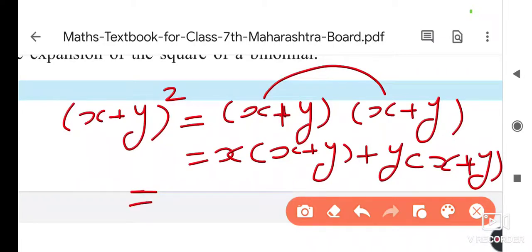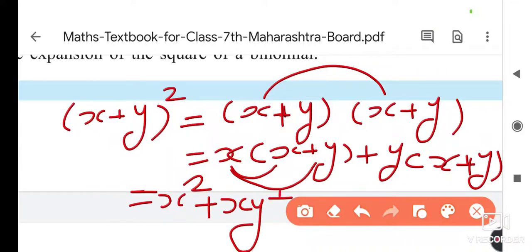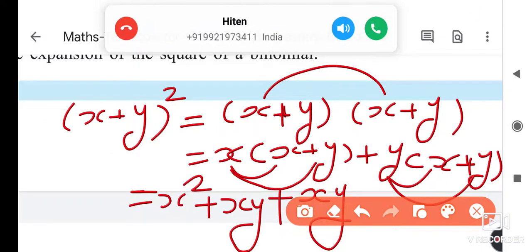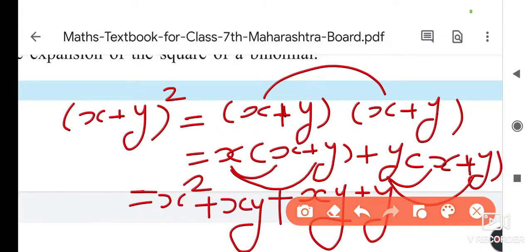So here x into x is equal to x square, x into y is equal to xy, so plus xy. Again y into x is equal to xy, plus xy, and y into y is equal to y square.